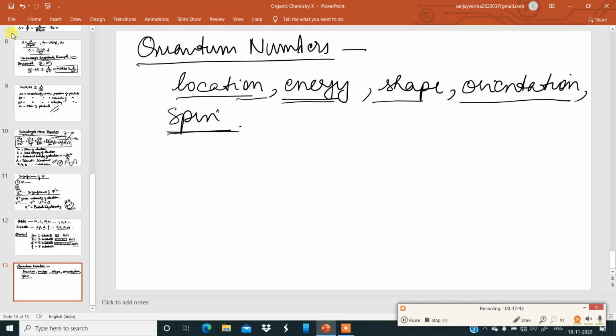Okay. Now, the first quantum number. Now, let me tell you, my dear students, the quantum numbers are an outcome of the solution of the Schrodinger wave equation.